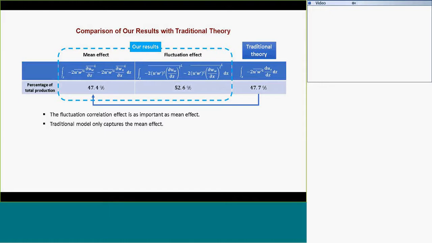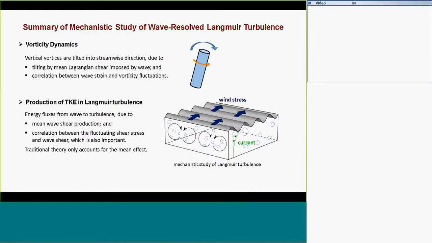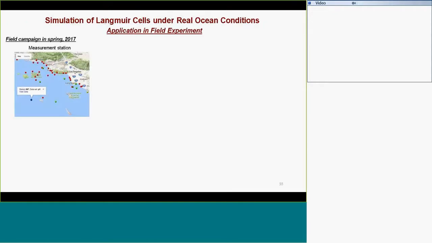So here's a summary of this kind of mechanism study: using computer simulations, what can we do about evaluating the existing theory, and how can we develop a new theory? And using the last few minutes, I'm going to tell you something about the work in the field.